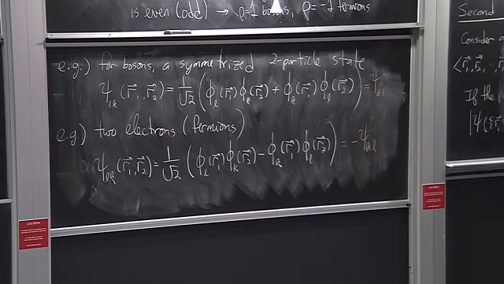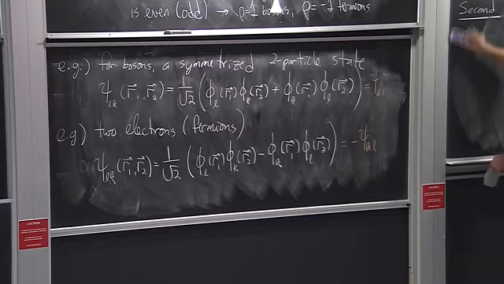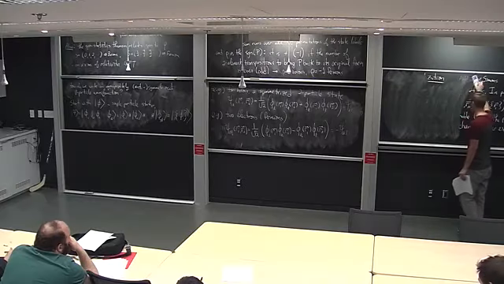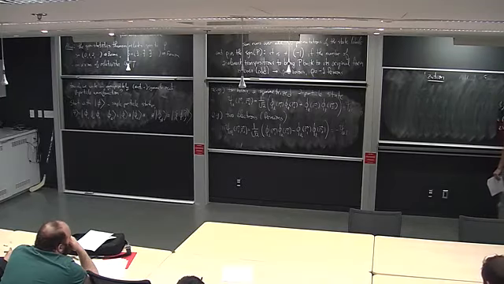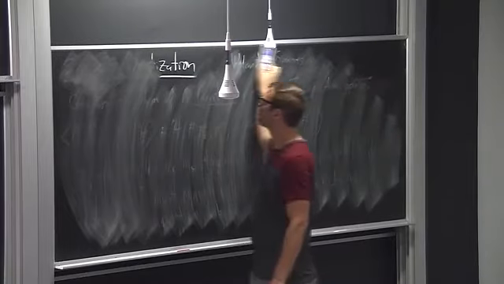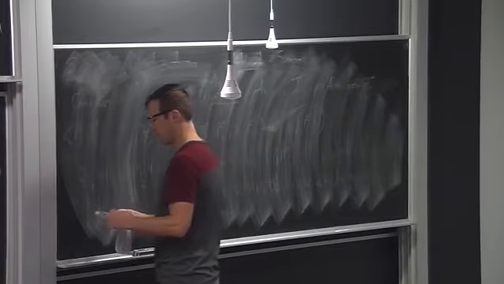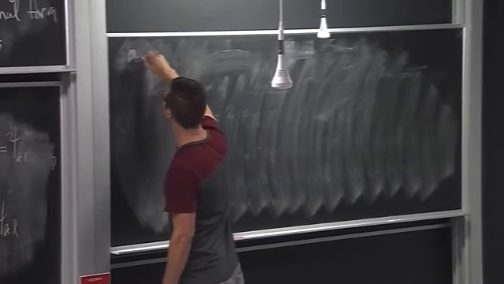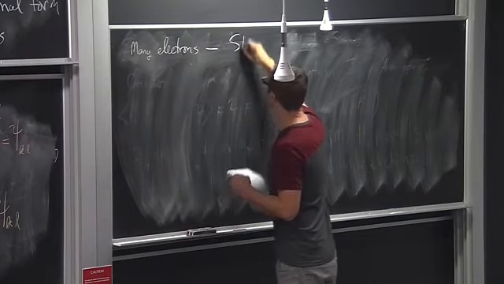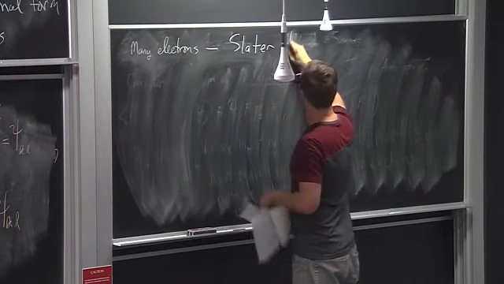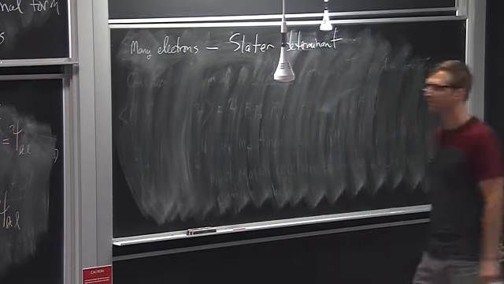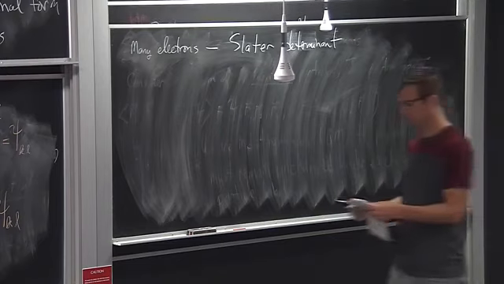You might have seen this wave function written in a different way for n-body fermions, and that's the Slater determinant. So for many electrons, we get the Slater determinant.